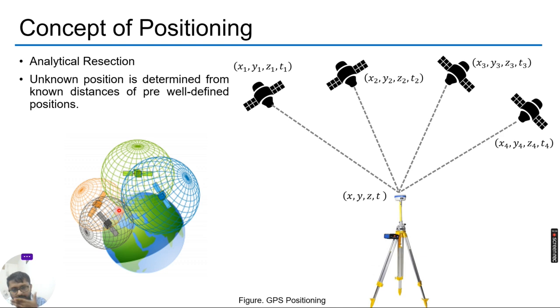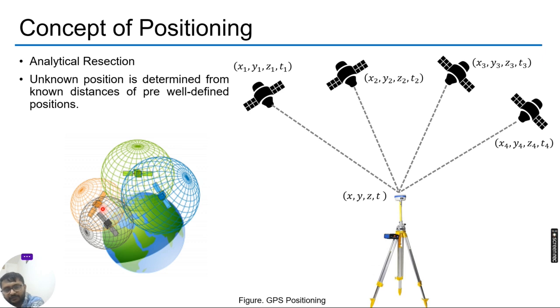Now, how do we find the location of the user if we have observables from particular satellites? We have observables from one satellite, two satellites, three satellites, and four satellites. If we take two satellites, the intersection of the spheres will be a circle. If we take three satellites, the intersection of three spheres will be two different points, one point on the ground and one point in space.